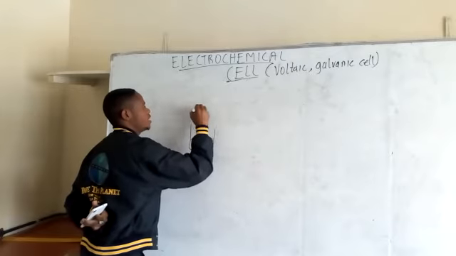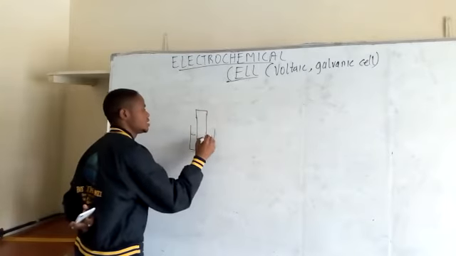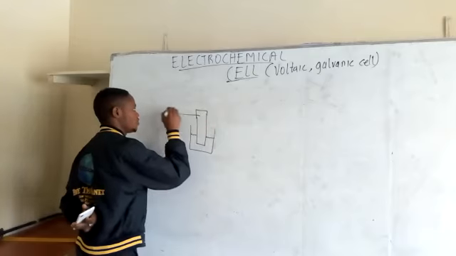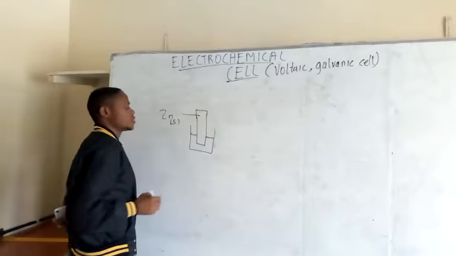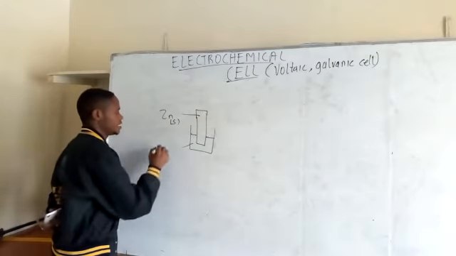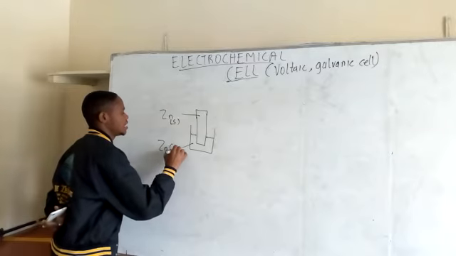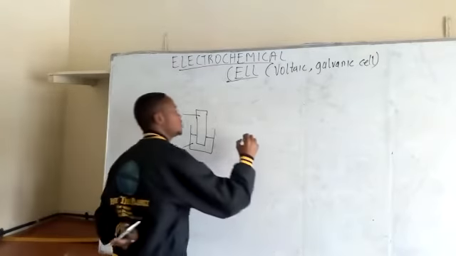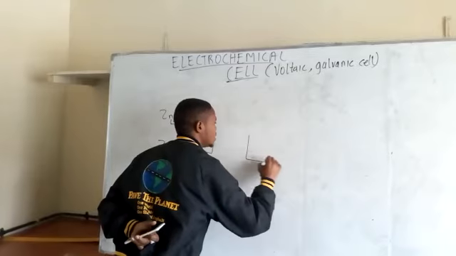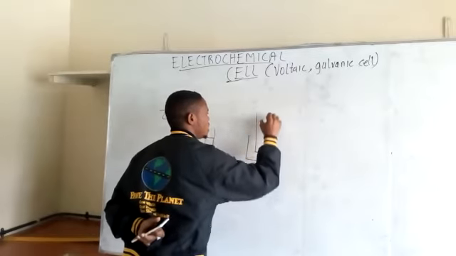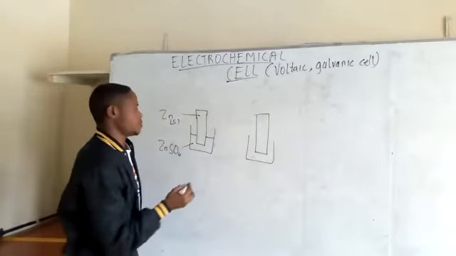So for instance, I can have one half cell there, whereby I am using a zinc electrode, and this is zinc sulfate. Then I also have another half cell here, but this time I use a different metal.